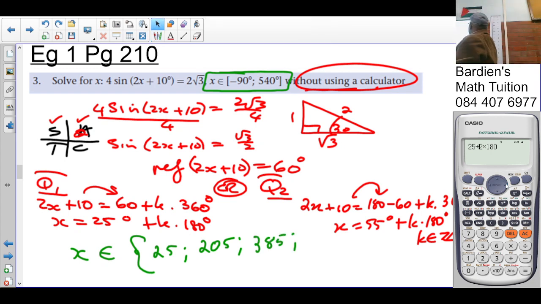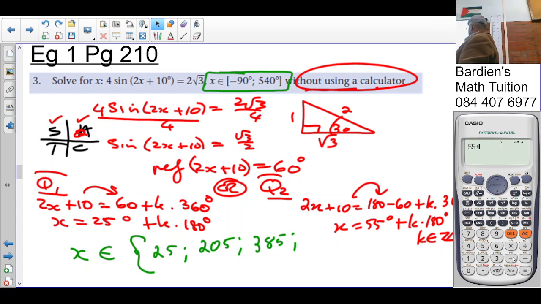Then k is 3: that is outside. So am I going to try 4? No. Now I try negative 1. That is outside. Now I go to the next branch.